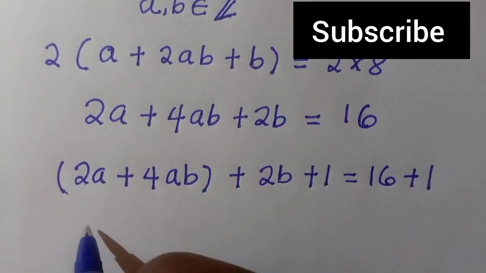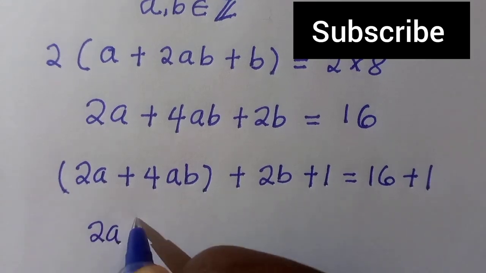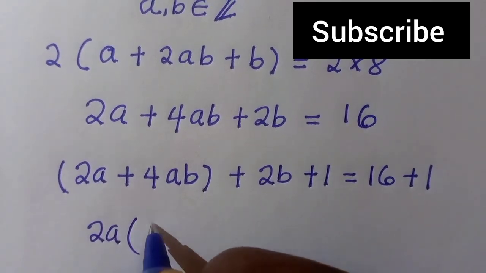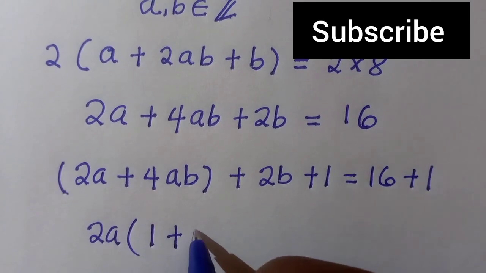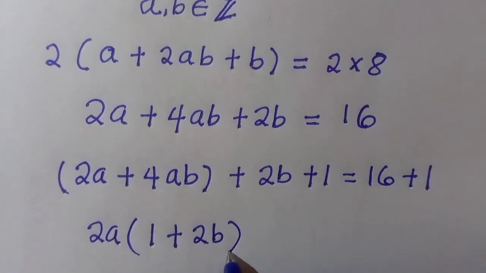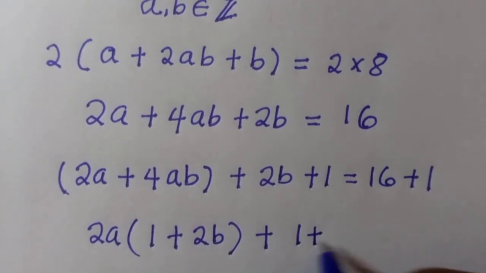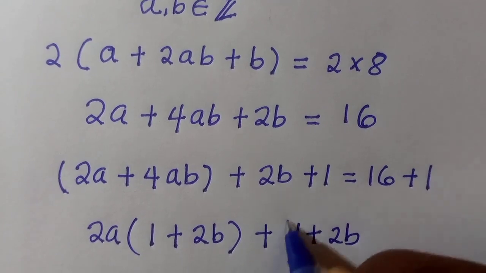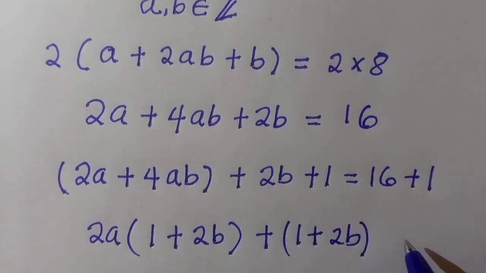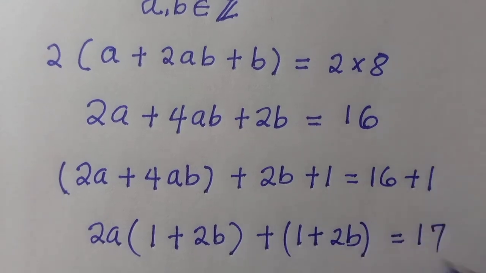For this one, we are going to factor out 2a, and here we have 1 plus 2b, then plus 1 plus 2b equals 17.